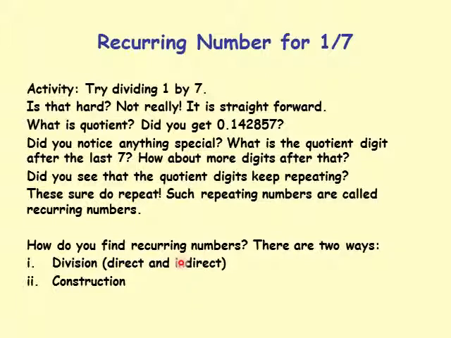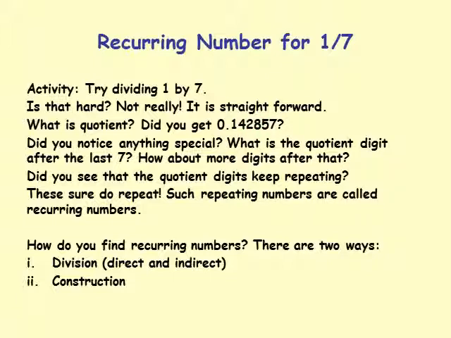We did 1 over 13 using its equivalent 3 divided by 39, and we did the same thing again in a transpose and apply method where we use 7 over 91 as the equivalent of 1 over 13. So that's the indirect method. This is the direct one we just did here. Another is by construction. So we're going to use a construction method here to compute the same recurring number as we have here.